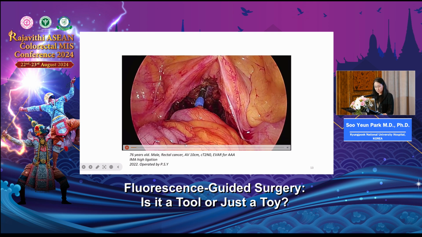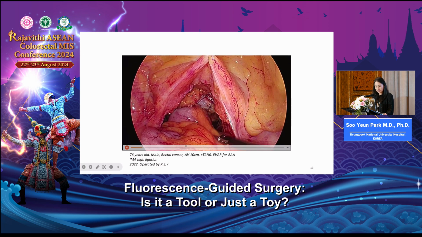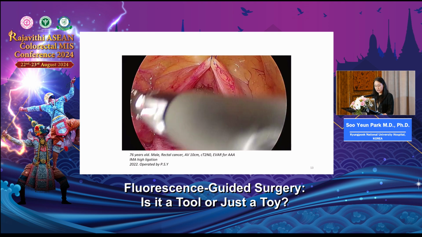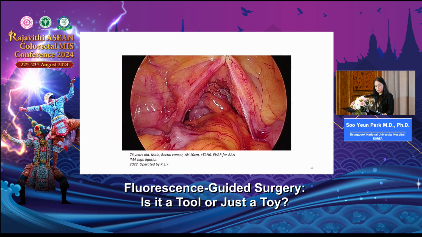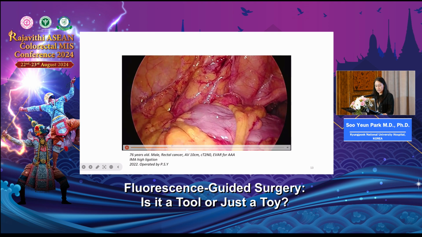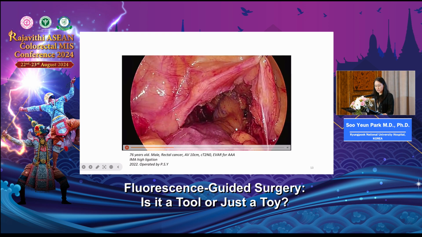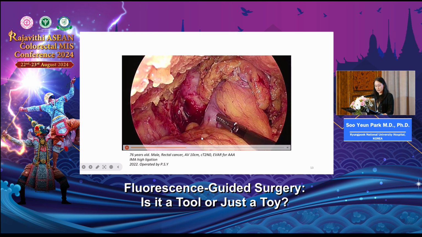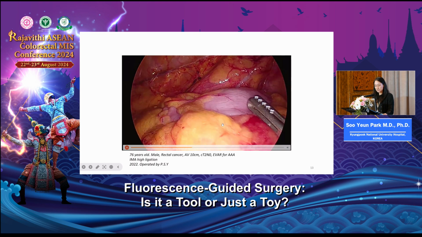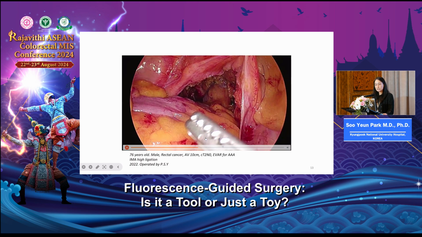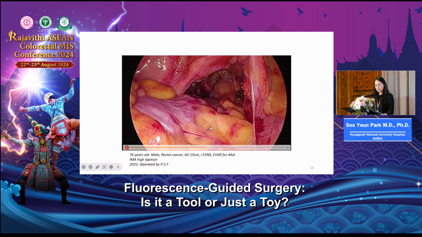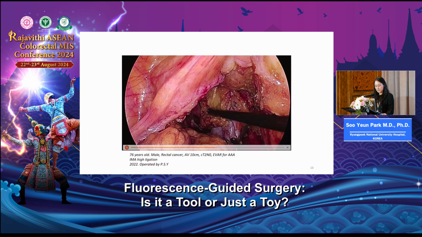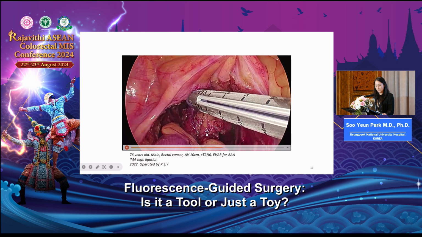This was performed two years ago by myself, and he had a history of abdominal aneurysm surgery. I performed IMA ligation, and until the anastomosis I didn't know about the perfusion problem, but after waiting several minutes, there was a slow change of the bowel color to purple, more and more as time passed.